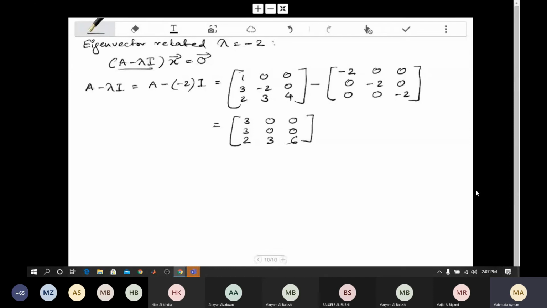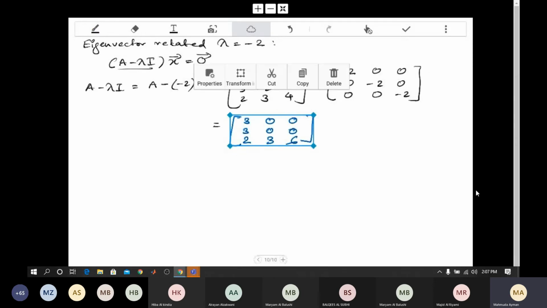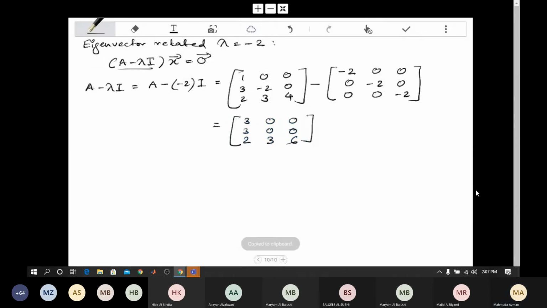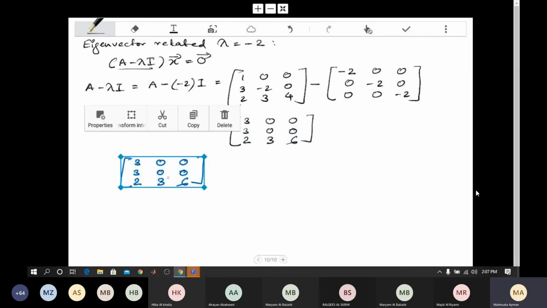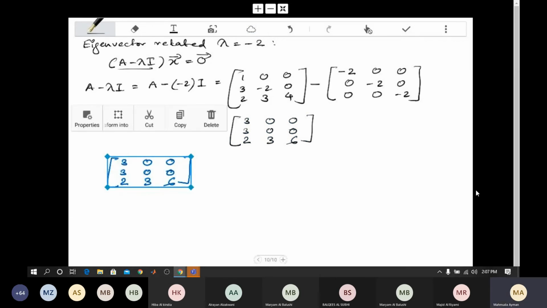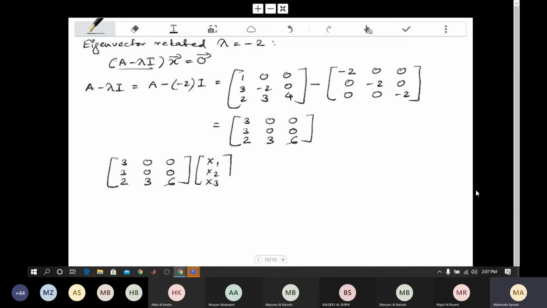Now once we got this one here, if we replace it in our equation, we'll have A minus lambda I matrix, which is this matrix here, times the unknown matrix x1, x2, x3 is equal to the 0 vector 0, 0, 0.